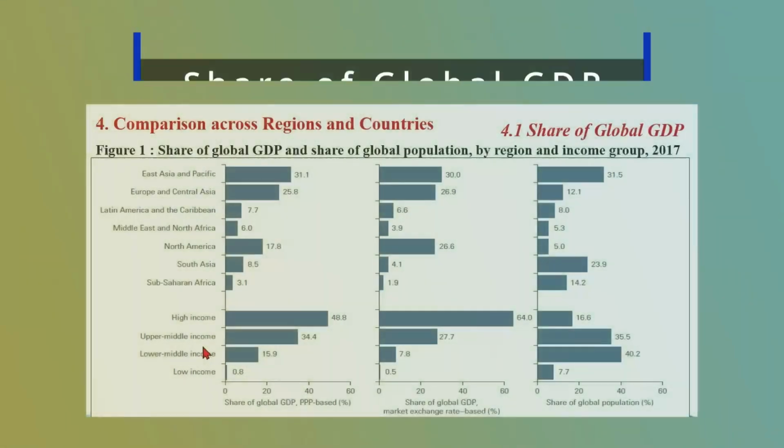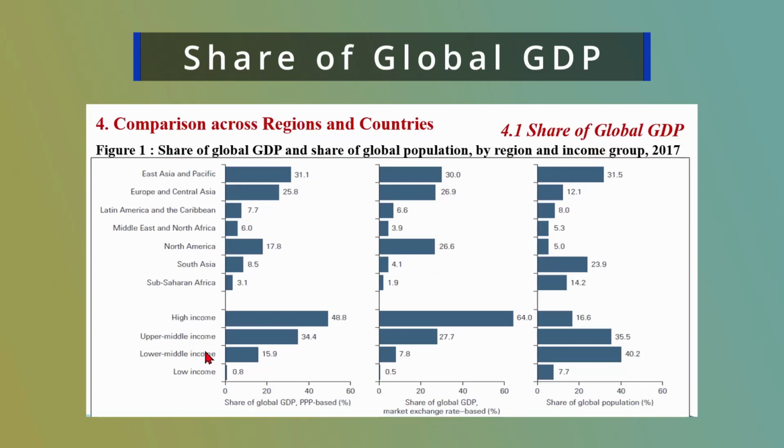Here we classified the regions of the globe in respect of income as well as in respect of geographical location. In respect of income, all the countries in the globe are classified into four groups: high income countries, upper middle income countries, lower middle income countries, and low income countries.